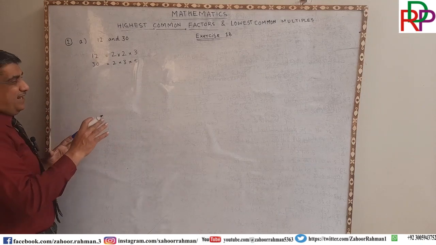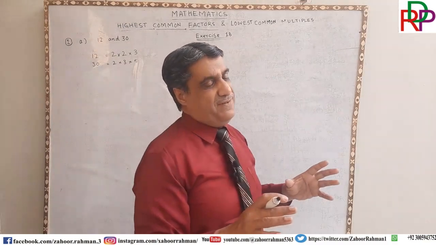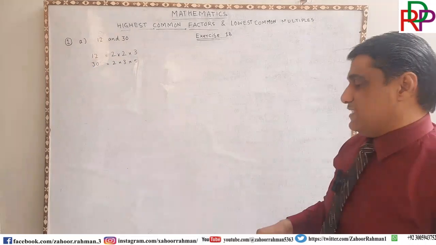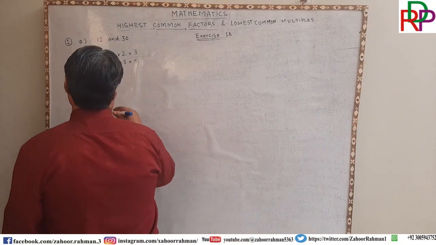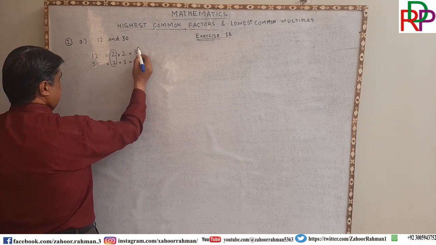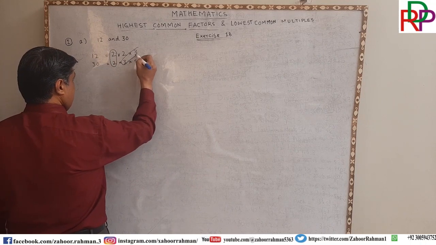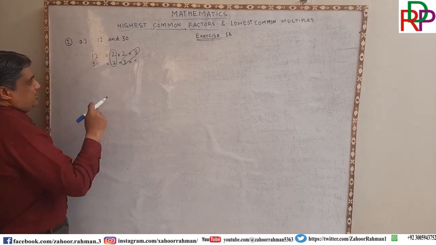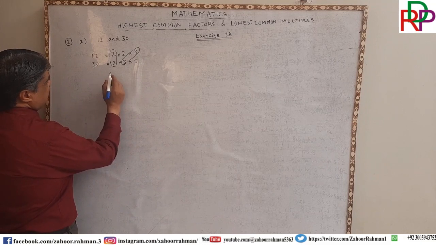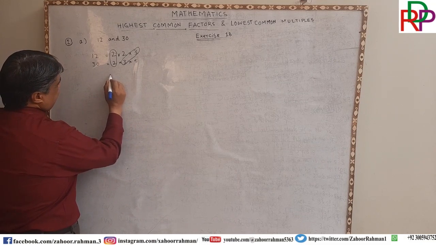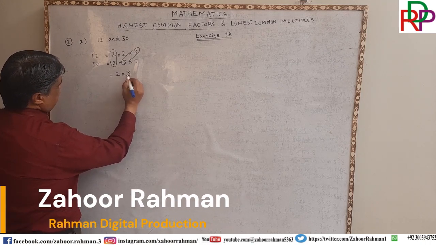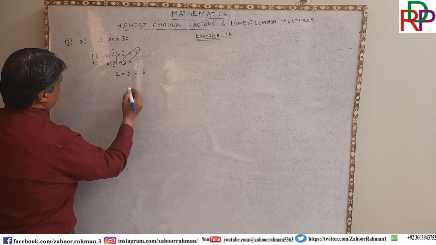This method of finding the prime factors is called the listed method. So we have to take the common ones, one is this and the second one is this. We don't have to take the non-common for HCF, the highest common factor. So we are writing 2 into 3, so the answer is 6.